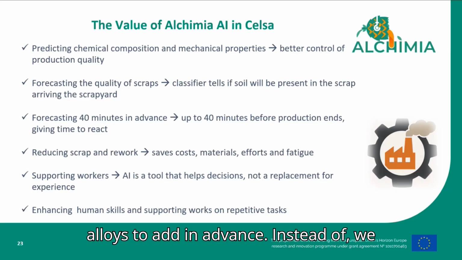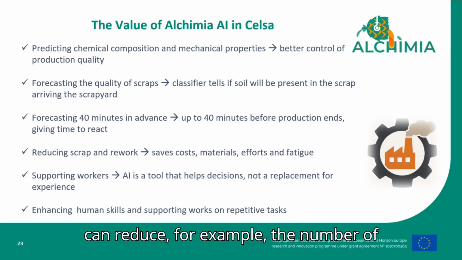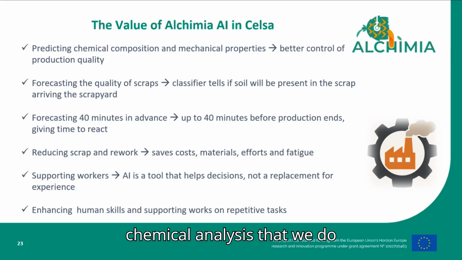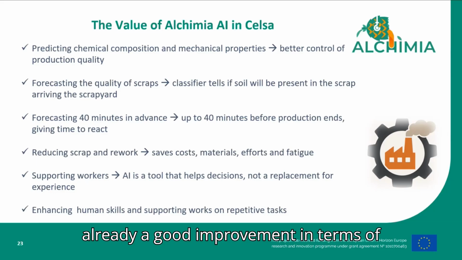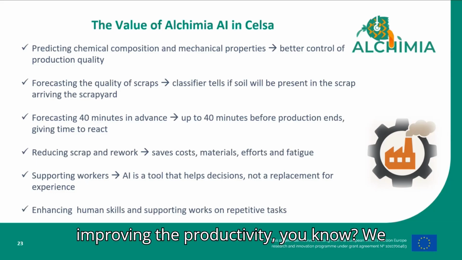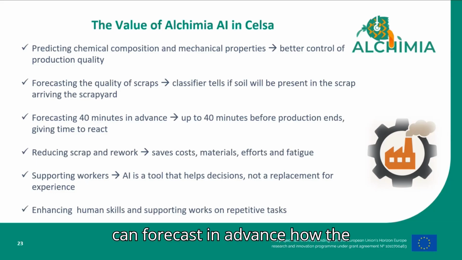We can also reduce the number of chemical analyses that we do in the ladle furnace, with less frequent sampling of the temperature or the chemical analysis. That's already a good improvement in terms of productivity. We can forecast in advance how the production will end, what kind of results we will have.